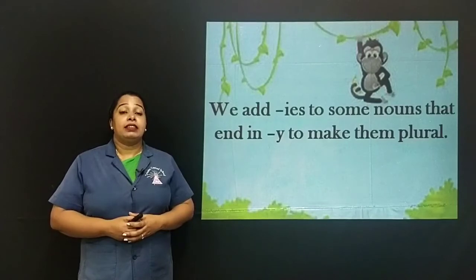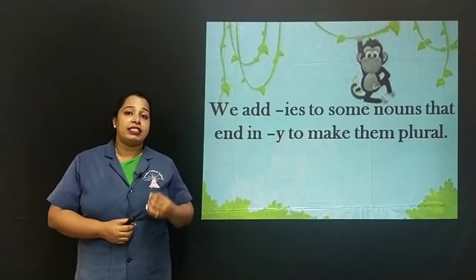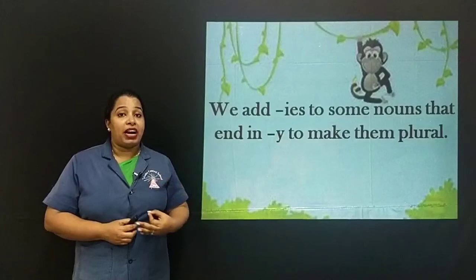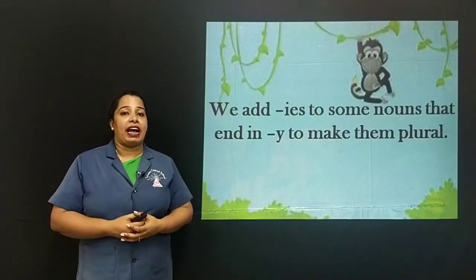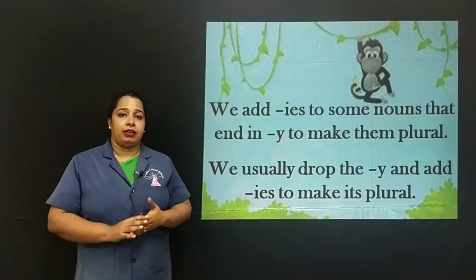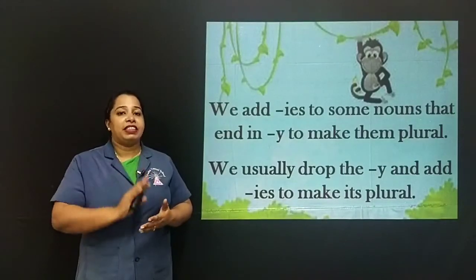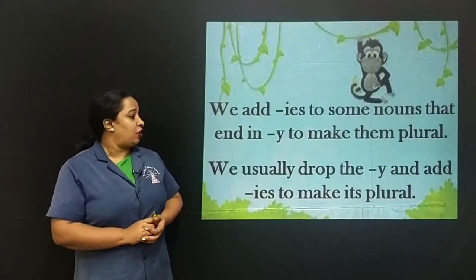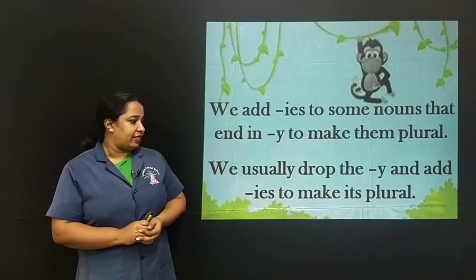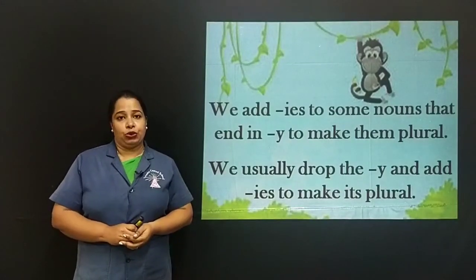That means the singular nouns which have their last letter as Y, we make them plural by adding IES. And the same rule here, we remove the Y. We replace the Y with IES. We usually drop the Y and add IES to make its plural.